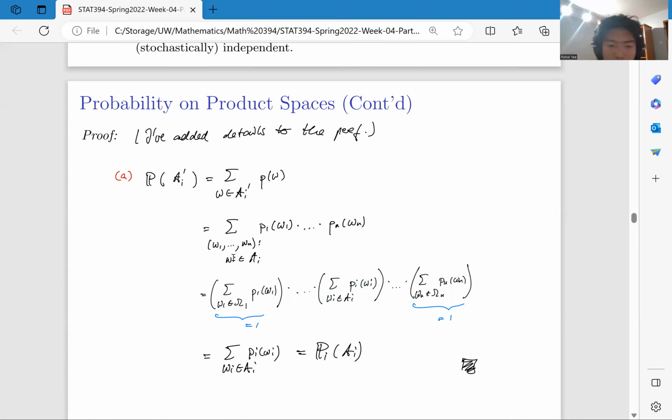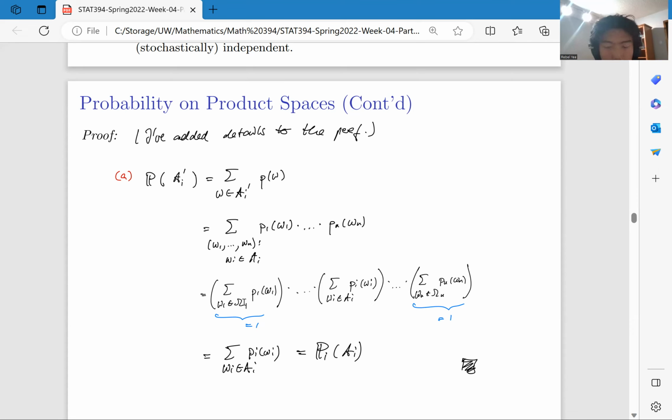So we can multiply over omega 1, omega 2, omega 3 up to omega n. We can separate those events out, because W1 belongs to omega 1, W2 belongs to omega 2, but only Wi belongs to Ai.